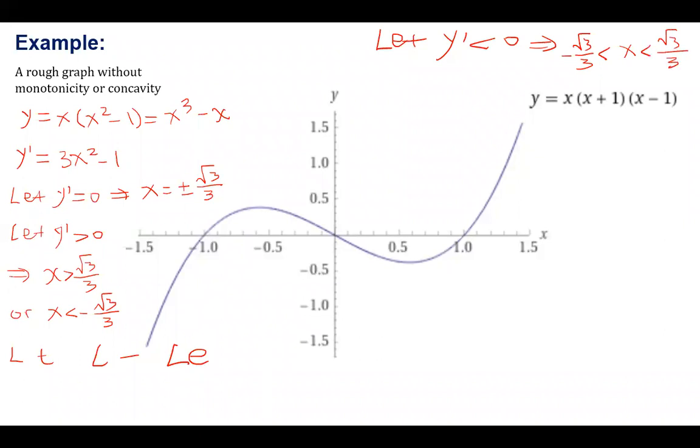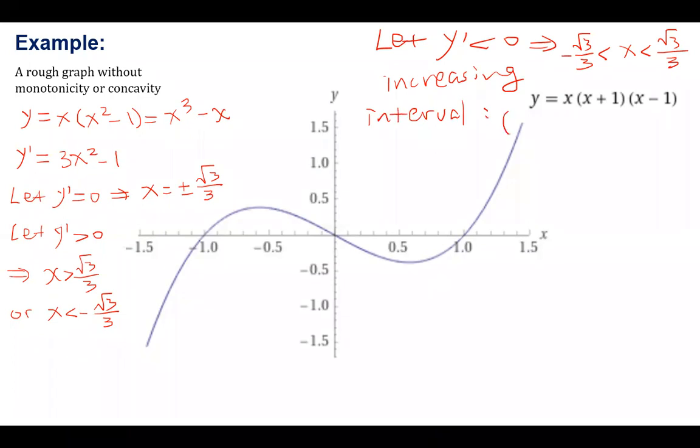So we know that the increasing interval is from square root of 3 over 3 to positive infinity, or negative infinity to negative square root of 3 over 3, right?